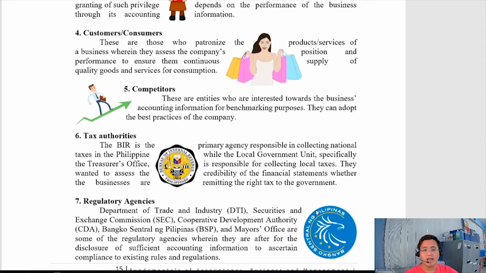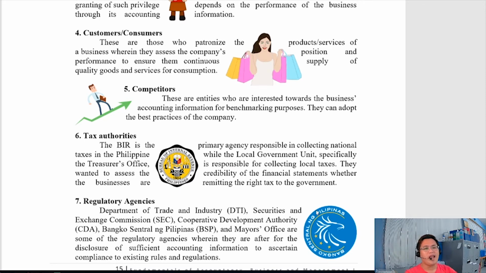So I have an indirect interest over that company because I've been using that one for many years until now. So I have to see to it that I would be able to have a continuous supply of the goods that they are actually offering to the public. So like you also have your goods, you also patronize services from the different suppliers of goods and services in your different localities.